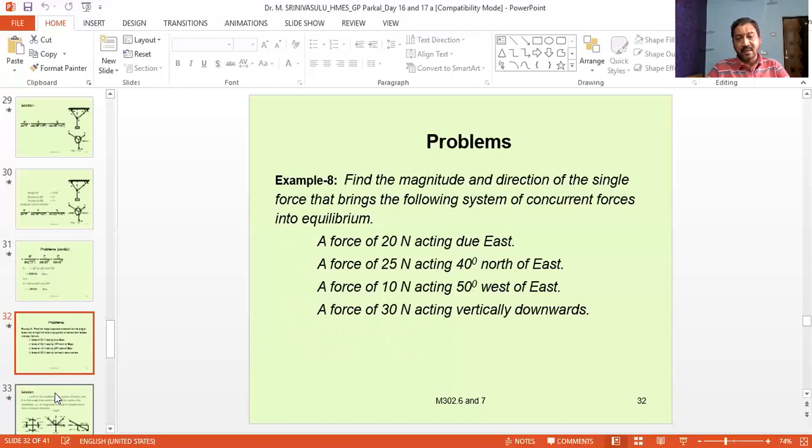Second, a force of 25 newtons acting 40 degrees north of east. Third, a force of 10 newtons acting at 50 degrees west of east. Fourth, a force of 30 newtons acting vertically downwards.